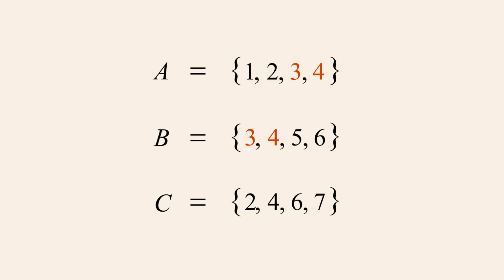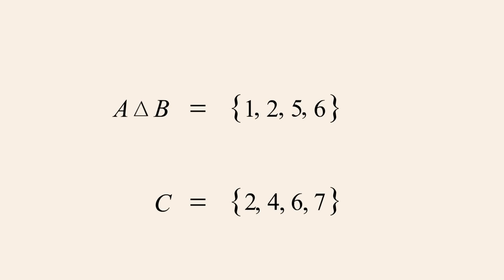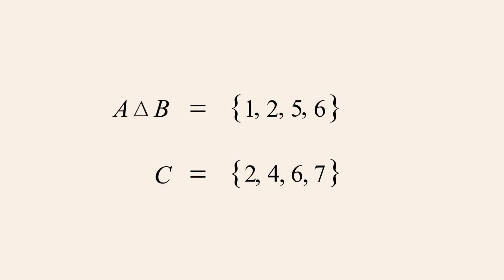Since the symmetric difference of two sets includes all the elements of both sets excluding their intersection, the symmetric difference of A and B consists of all the elements of A and B except for 3 and 4. So the symmetric difference of A and B consists of 1, 2, 5, and 6.